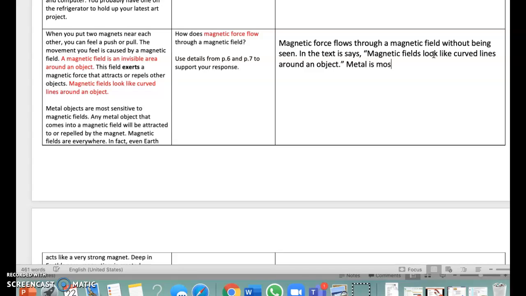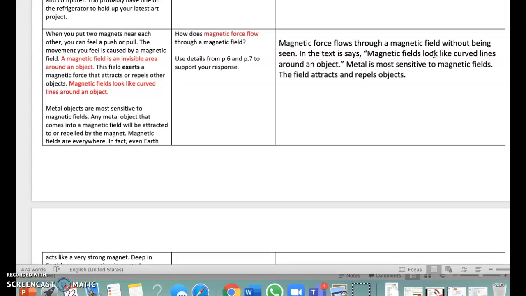Metal is most sensitive to magnetic fields. The field attracts and repels objects.